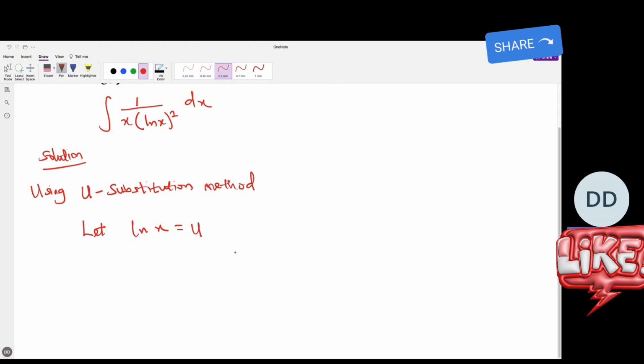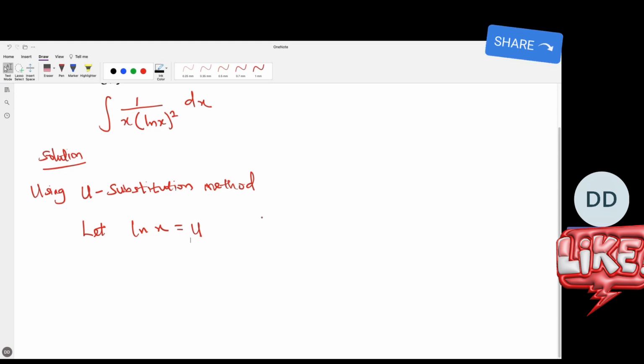Yes, we might try to solve for x, but before we get there, I think we should first differentiate. Let's differentiate. So we are differentiating with respect to what? X. Yes. It's okay, we're learning together.